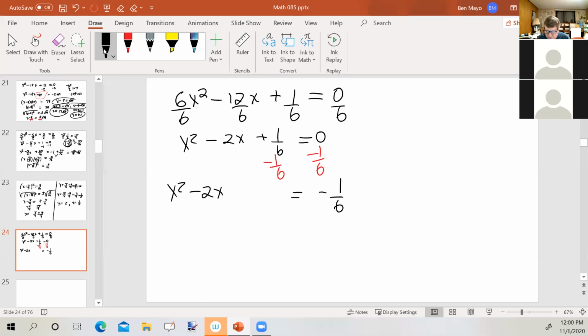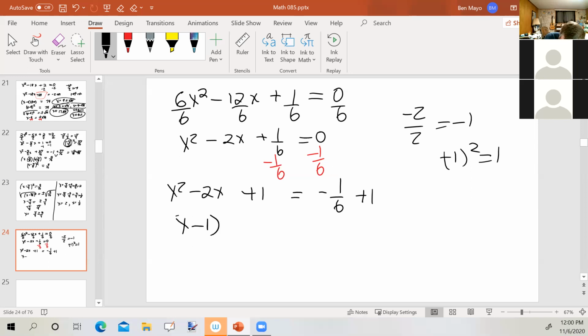Again, I leave a space there to put the number I'm going to find next. Take the coefficient of x, cut it in half, divide it by 2, or multiply it by 1/2. Take that quantity and square it, and add it to both sides of the equation. Now, on the left side of the equation, I should have a perfect square.